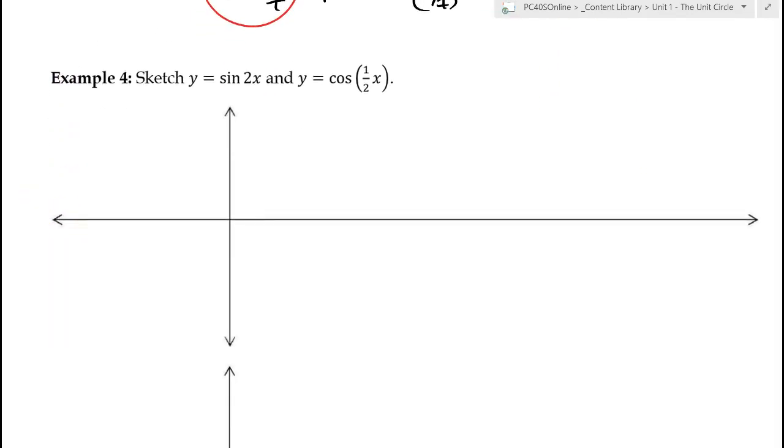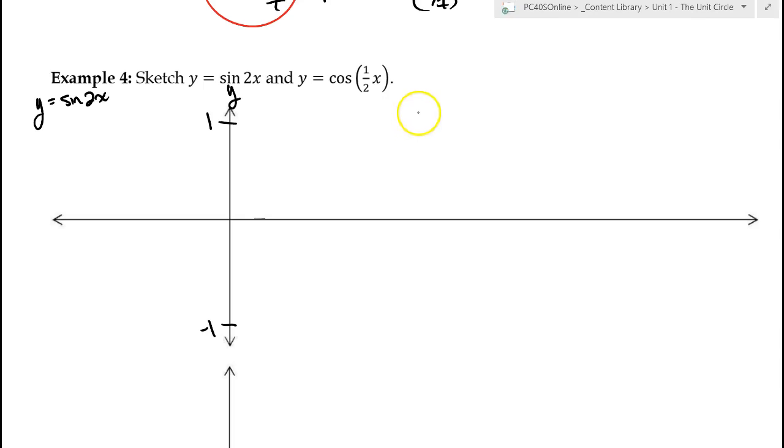So when we go to sketch these, we're going to keep our maximum and minimum at 1 and -1 because we're not influencing the amplitude at all. But instead, we're going to change what our domain looks like. So I'm always going to be inclined to figure out what my period is first before I start filling this in.